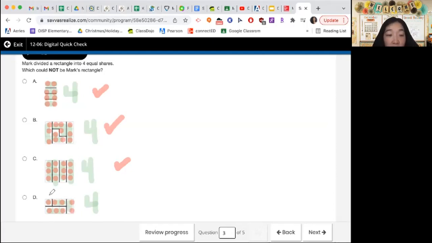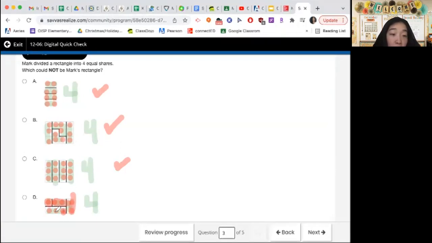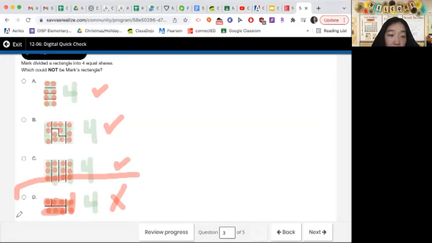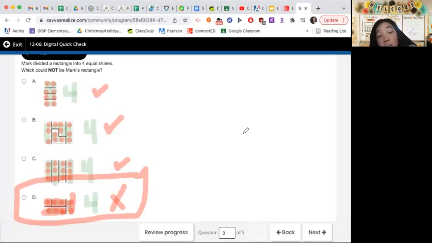If you look at those black lines for D, one person only gets 1 piece, 2 people get 2 pieces, and 1 person gets 3 pieces. Are those equal shares? No. If I got a chocolate and said I was going to share it with everyone, and I gave you just 1 piece, another person 2 pieces, and myself 3 pieces, and I said, okay, we all got the same amount, what would you say to me?